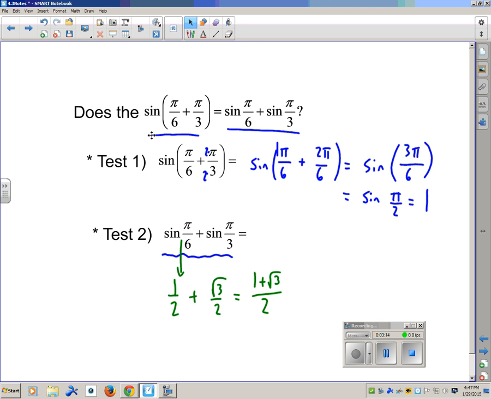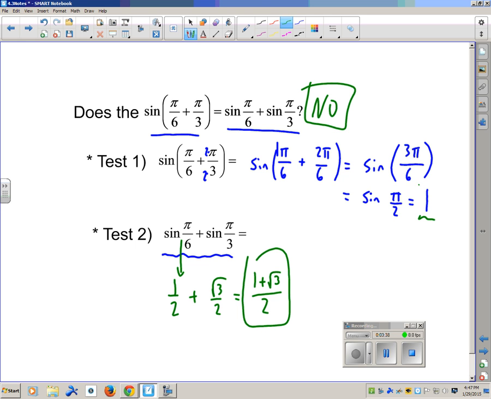And 1 plus 1.73 is 2.73, and 2.73 divided by 2 is not going to give me a nice value of 1 like this one here is. So are they equal to each other? No, these two are not equal to each other, because this value here and this value here are not equal.